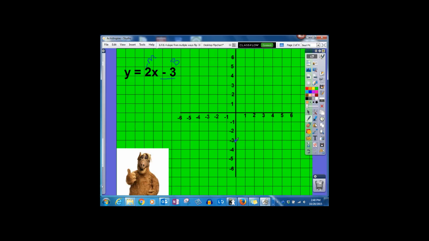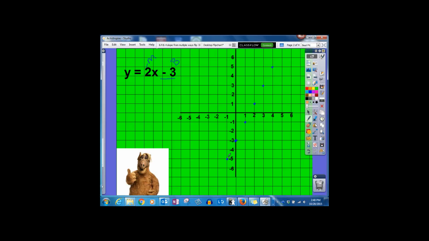That's all I'm doing. I plot that y-intercept. So from there, using what we've learned, rise over run, I'm going to go up 2 and over 1. So I go up 2 over 1, up 2 over 1, and I continue that on. And that line can go on and on forever. And I can do the same thing another way. I can go down 2, remember that's negative, and negative and negative makes a positive.